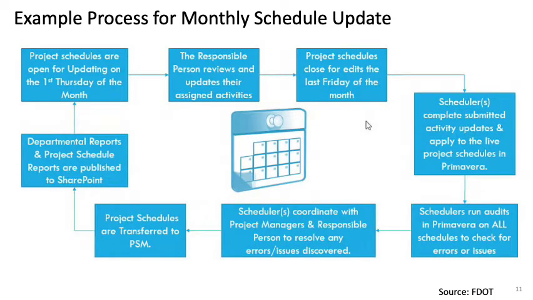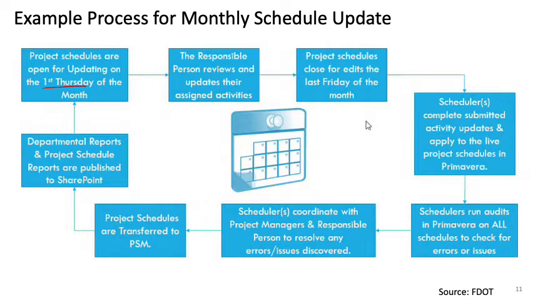All right, this diagram shows a typical routine for updating the schedule done by the personnel at Florida's Department of Transportation. They develop monthly schedule updates, and they usually start on the first Thursday of the month.